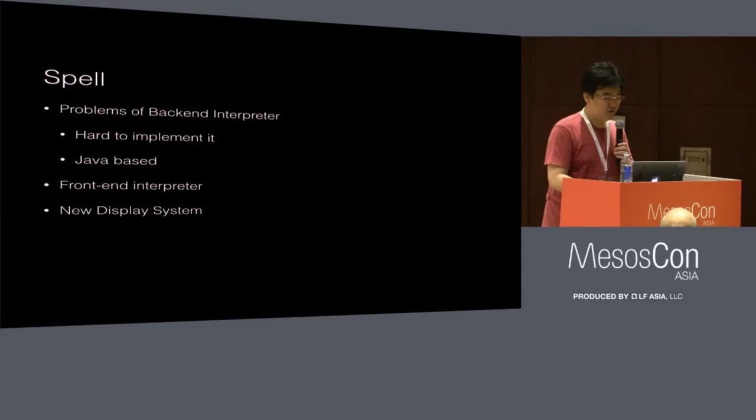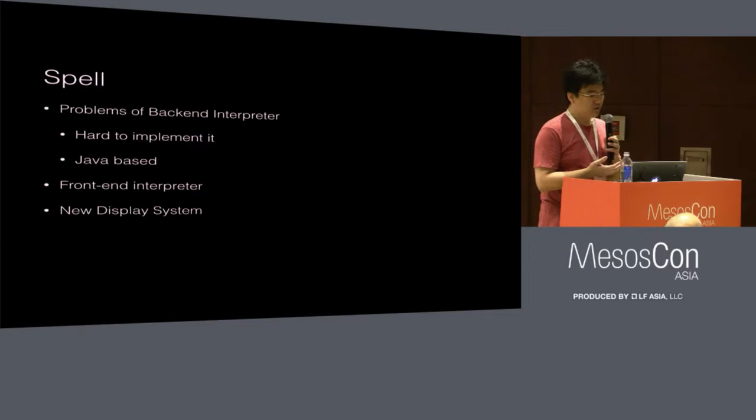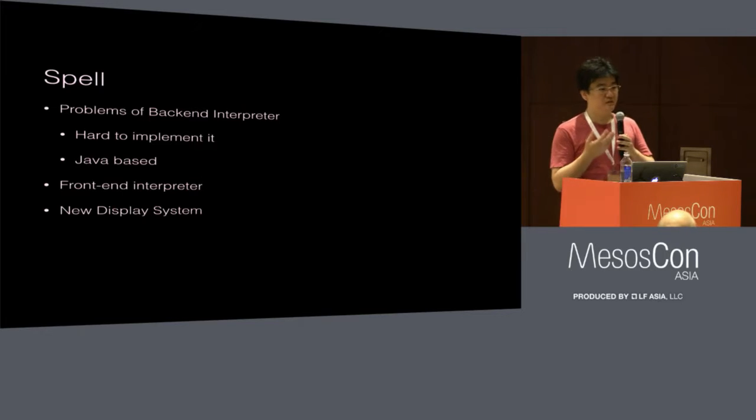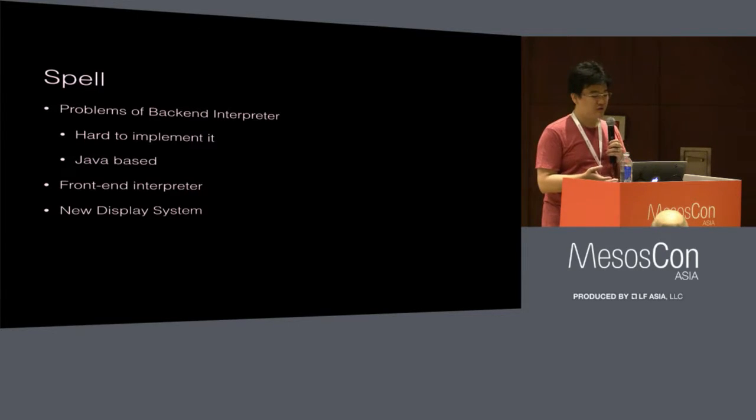Spell is simply a front-end interpreter. Zeppelin's backend interpreter has a problem, and it's hard to implement because the Zeppelin interpreter also has an RPC system and runs scripts asynchronously. So you have to know all about the interpreter's backend, and it's also based on Java.